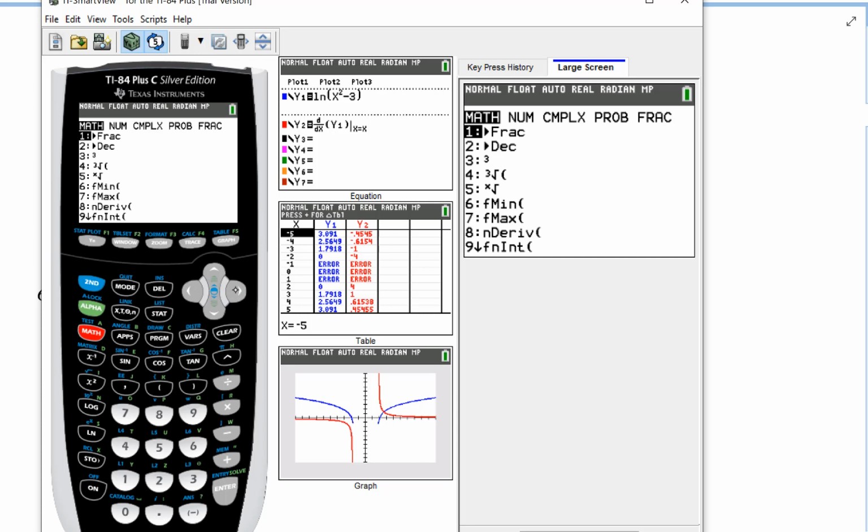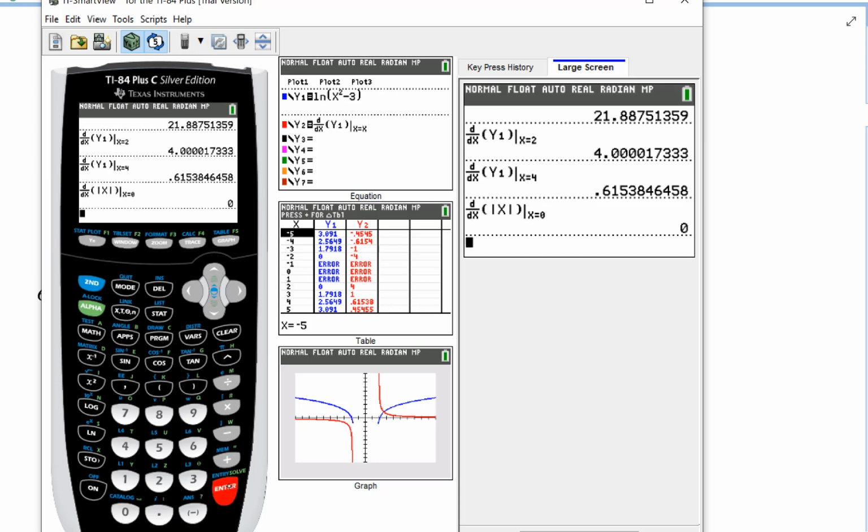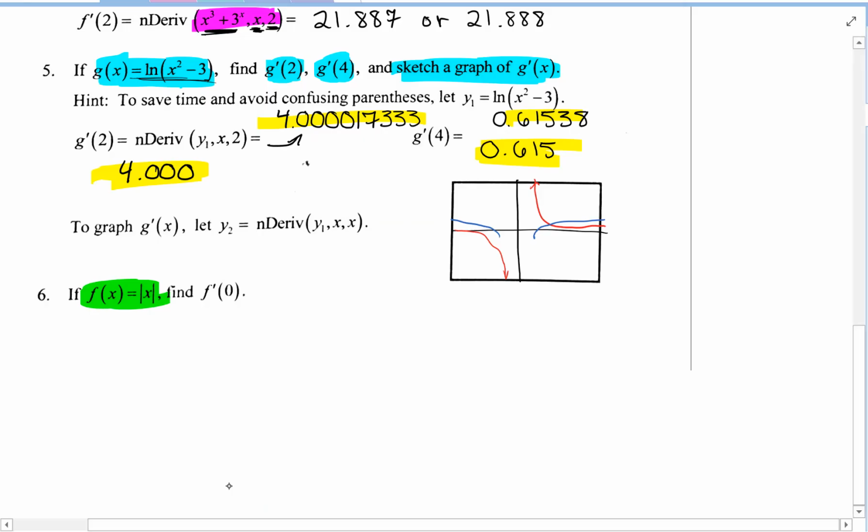Remember, that's math. Go to num abs. That's the first one. So you can press enter or 1. And then we're referring to absolute value x. And we want to know when x is equal to 0. Okay, so the derivative is 0.